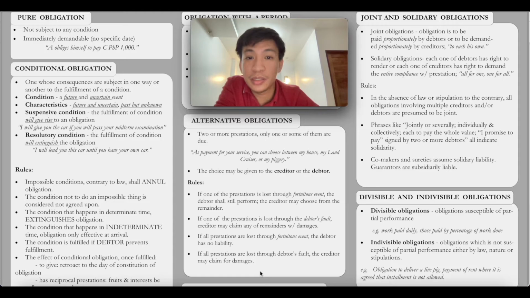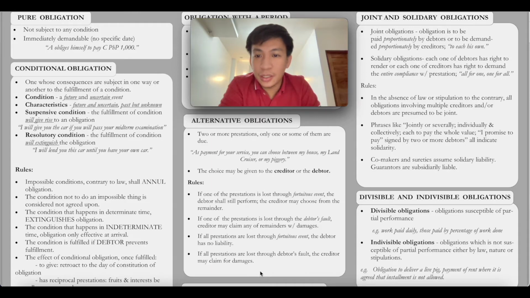Pero the case is different when we talk about co-makers. Kapag co-maker, pwede ka nilang singilin immediately kahit hindi pa siya sinisingil. Okay? So that is co-maker and sureties, and that's the distinction between joint and solidary. Again, in joint, kung ilan yung hati mo lang doon sa utang, yun lang ang babayaran mo.